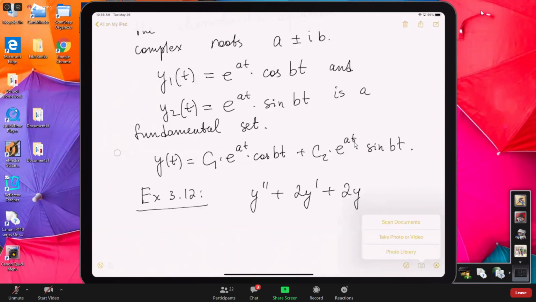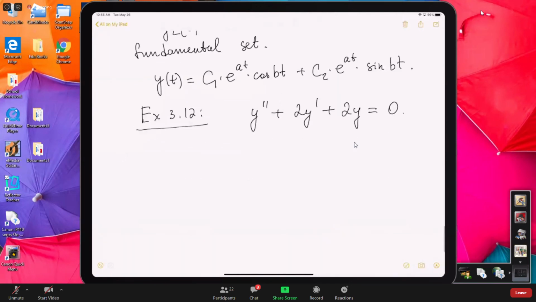So this is our DE, and we have two initial conditions: y of 0 equals 2, and y prime of 0 equals 3. So for a second order DE, we need two initial conditions. One is y of 0, or it could be y at any t value. The second has to be y prime, the initial condition for the first derivative.